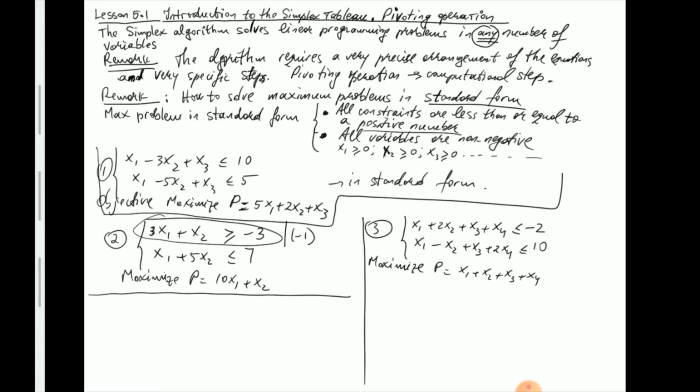So if I multiply by -1, that's going to be minus 3x1 minus x2 less than or equal to 3, x1 plus 5x2 less than or equal to 7, and then we need to maximize p equals 10x1 plus x2. And now this is in standard form.